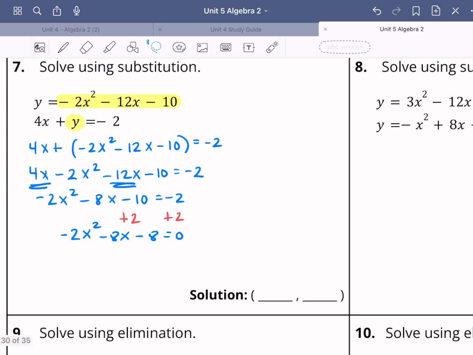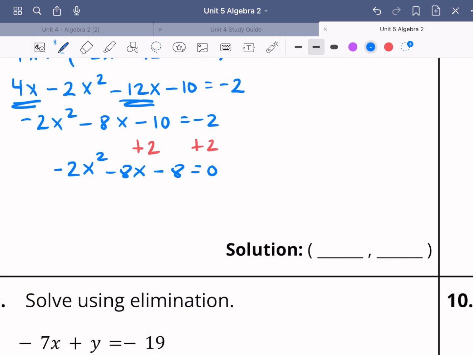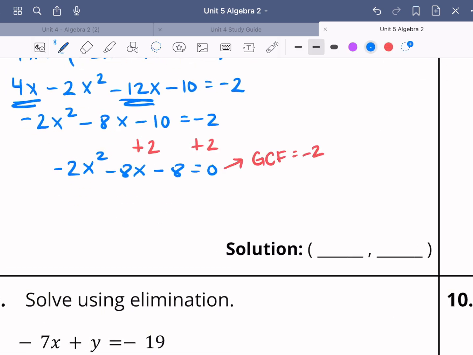So now I'm going to factor this. There is a GCF in this case. So if I were to factor out negative 2, this would be x squared, my signs are going to change, this would be plus 4x and then plus 4. Now I'm going to factor this part even more into two binomials.